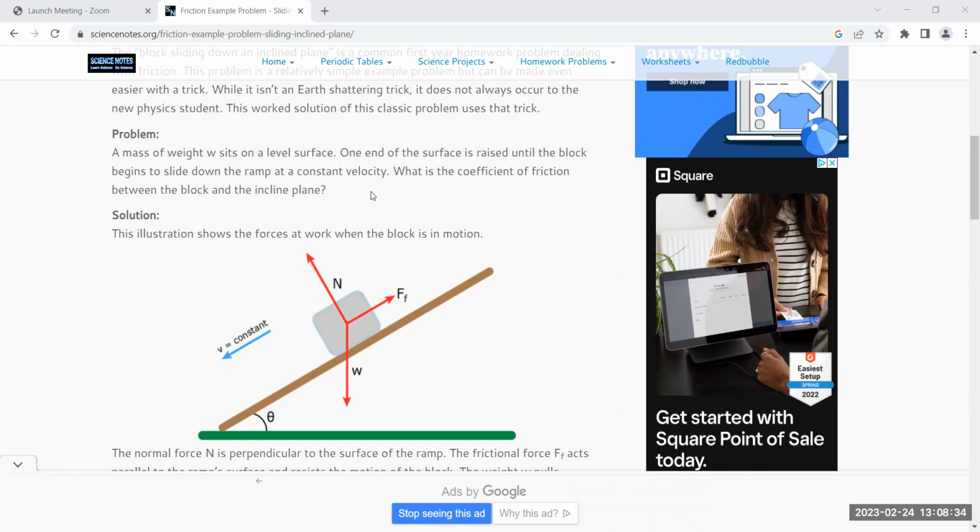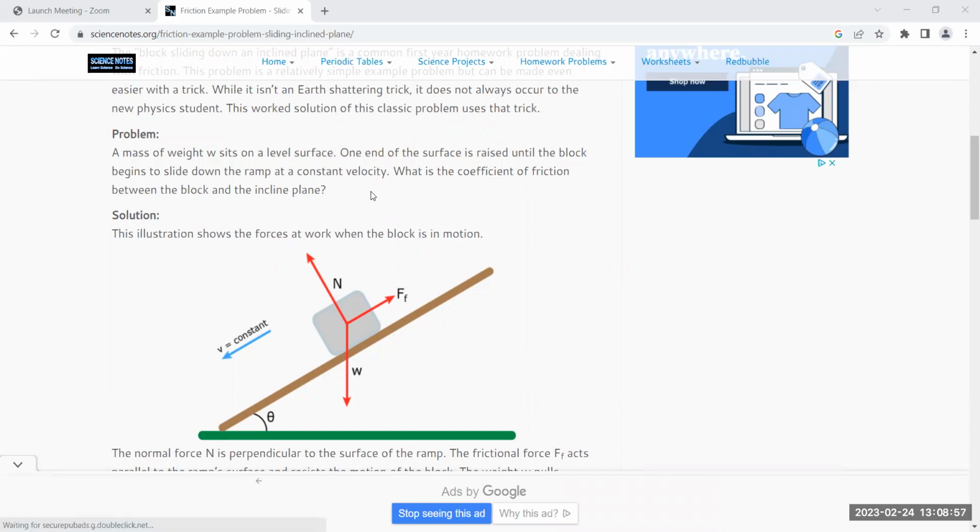So you can infer that these are pretty important to be able to understand. Not all of them are going to be set up as an inclined plane, but they all solve exactly the same way. It's just about adding vectors. It's all about finding your component vectors and adding them up and understanding Newton's second law.